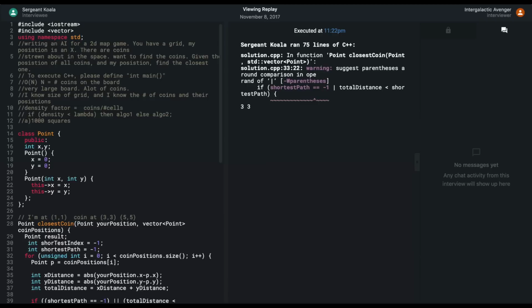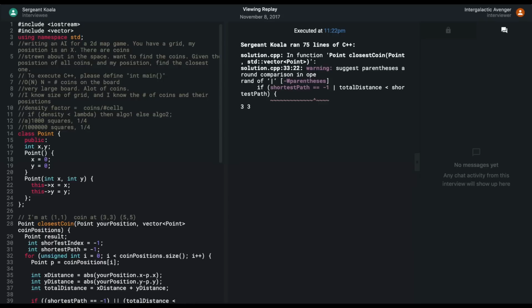And let's say in both of them, the coins to cells ratio is, say, 1 over 4 or something. So there's one coin for every 4 cells. Now, if we assume the coins are randomly distributed, can I assume that they're not clumped up or anything like that?